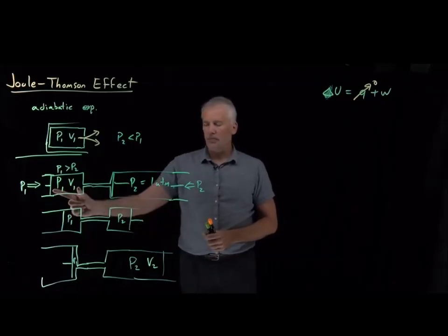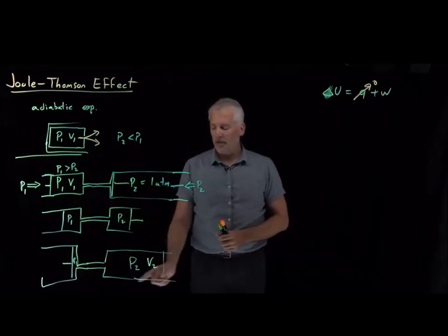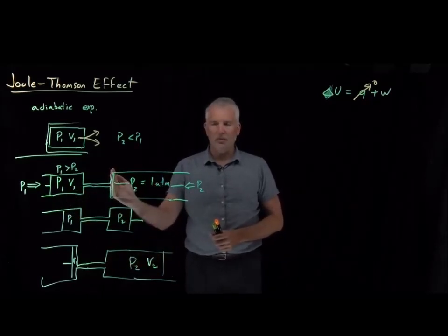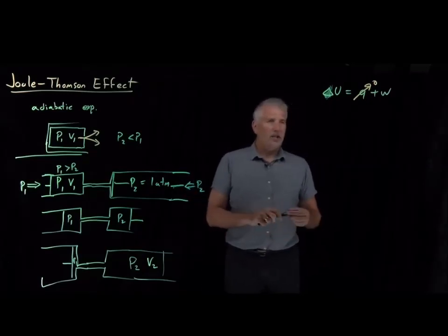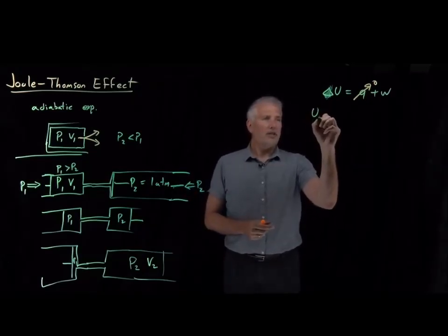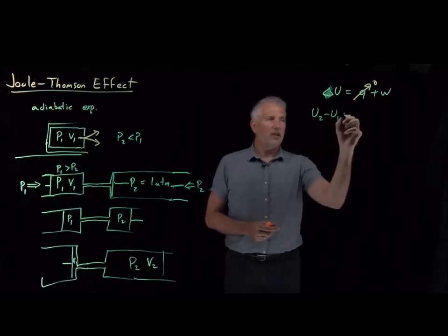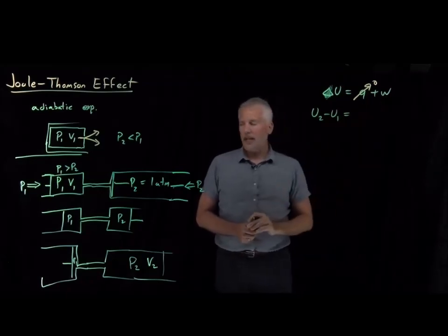And I've done some compression of the gas on the P1 V1 side, and I've done some expansion of the gas from this initial volume 0 up to a final volume V2. So any change in the energy, so final minus initial energy, must be related to the work of the gas.